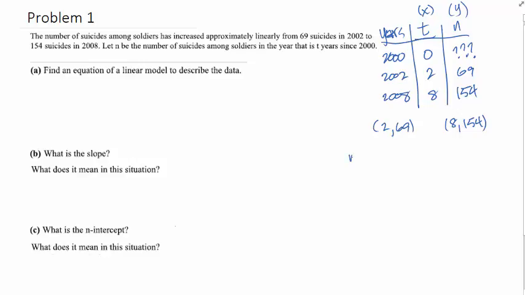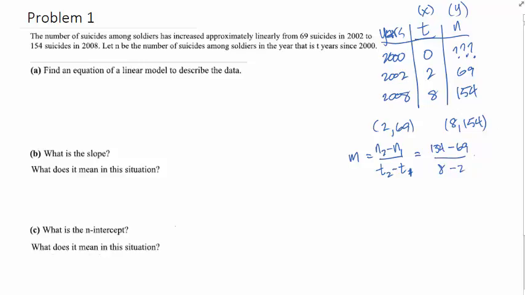So the slope here, let's continue to call it m for slope, is equal to the difference in the n values, like the y values, so n2 minus n1, divided by the difference in the t values, t2 minus t1. It doesn't matter which one was the first point and the second point, it should all be the same. So we'll call this n2, 154, minus 69, divided by 8 minus 2.